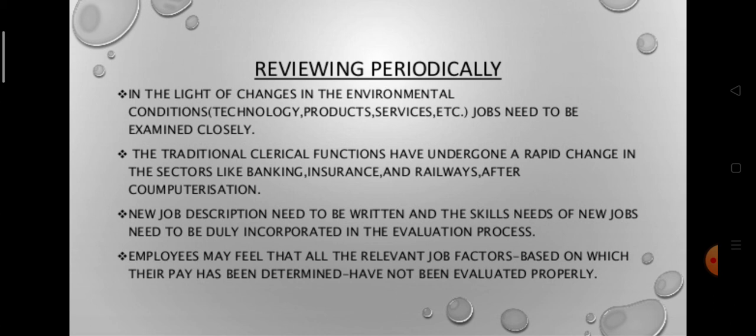So when we are a monopoly in that industry, we are the decision makers. So how much salary we give to a particular job, we have to decide on our own. But when there is competition, we definitely go for the survey.